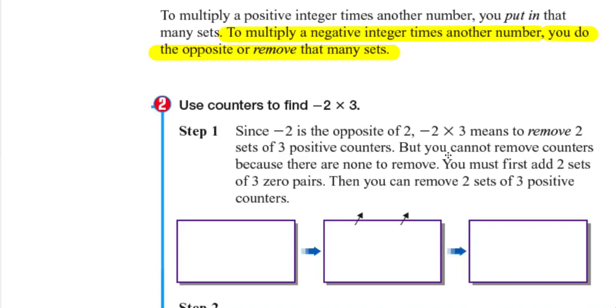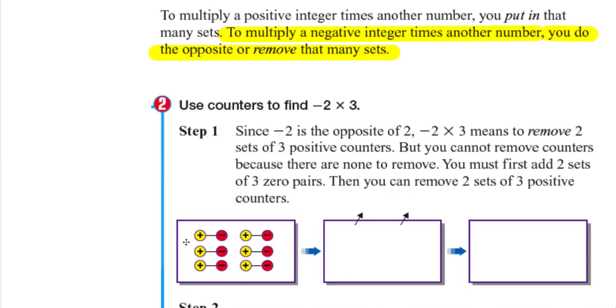But you cannot remove counters because there are none to remove. So what do you do? You must first add 2 sets of 3 zero pairs, then you can remove 2 sets of 3 positive counters.